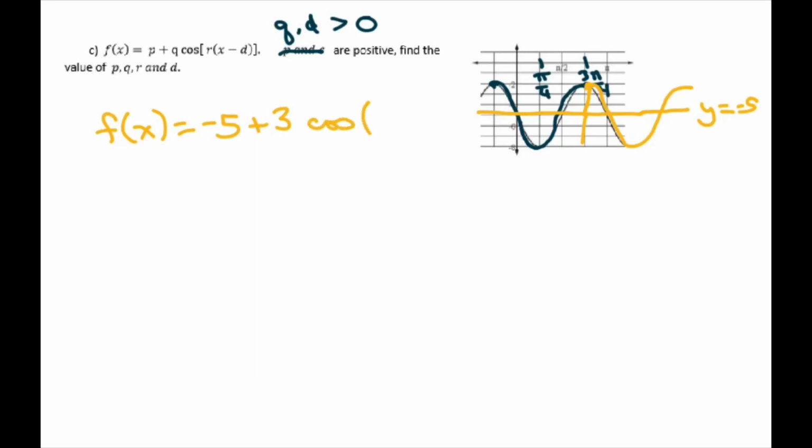And then we have R. So our R is your 2 pi over your R. That's going to be your period. So your period makes a complete rotation from -pi over 4 to 3 pi over 4.